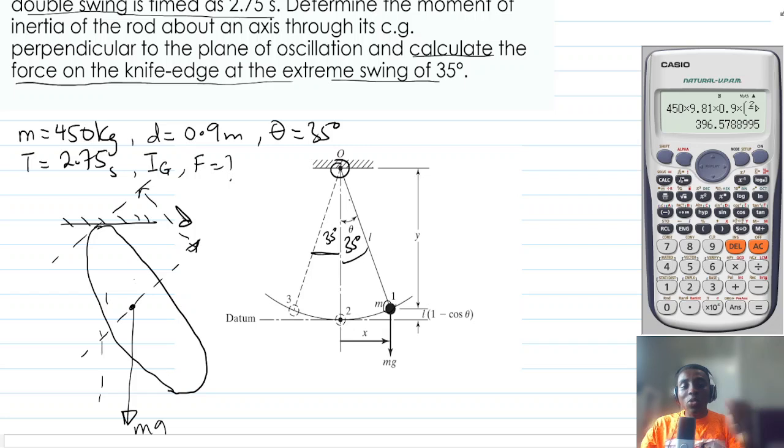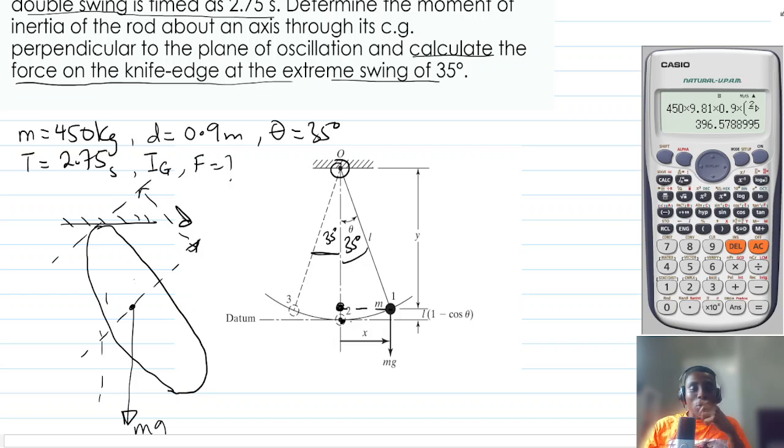If the pendulum is doing this, let's say this was the first point, point 1, that it started from, it will get to a certain point here, and this is the equilibrium point, where we have the maximum velocity occurring. For a simple pendulum, the maximum velocity occurs at this point.